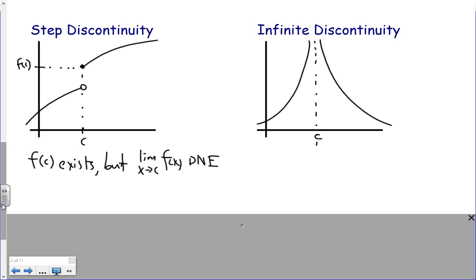Well, now you've got problems with both the limit and the function value. The function doesn't exist there because you have a vertical asymptote, and neither does the limit. So the limit as x goes to C of f of x does not exist, and f of c does not exist. You've got problems with both of those.